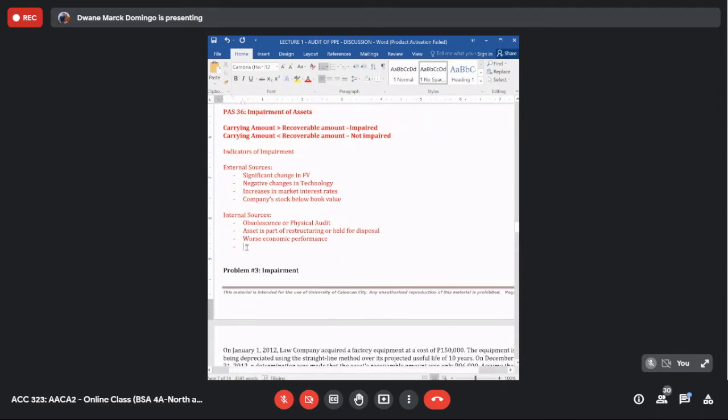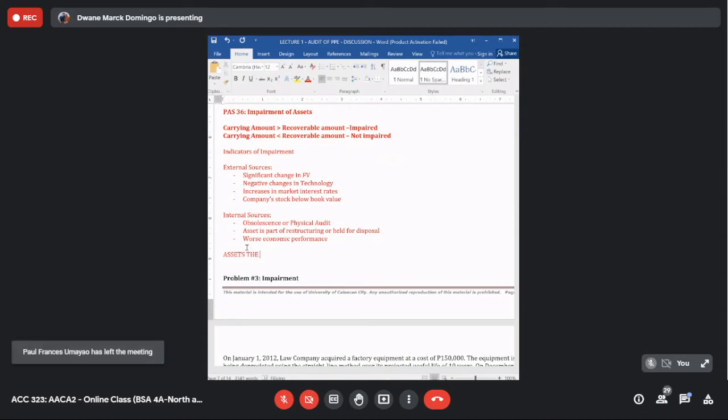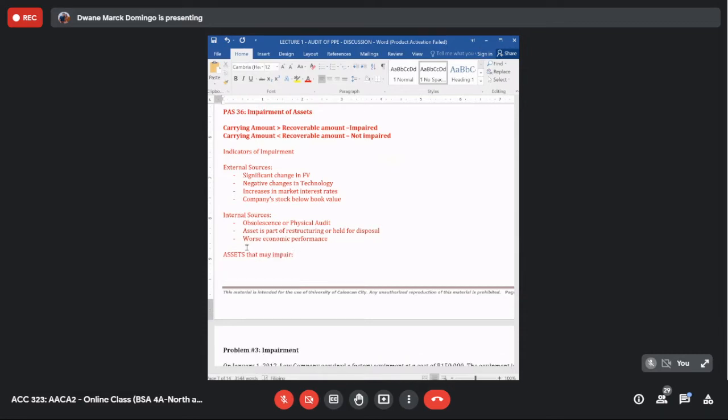So ngayon, discuss natin ano yung mga assets na in-enumerate sa PAS 36 that may impair. Ano yung mga enumerate doon? So, first, number one, non-current asset using cost model.